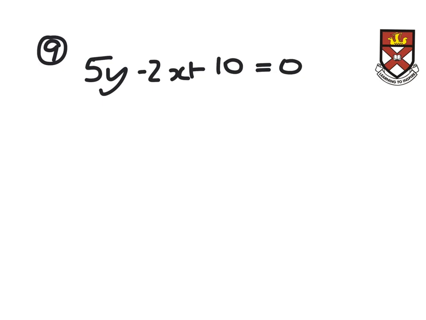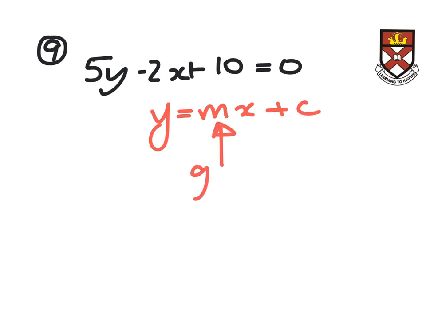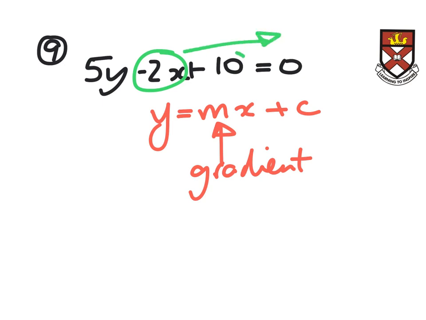So we need to get this line into the form y equals mx plus c, because that m there is indeed your gradient. So how are we going to do that? First thing we're going to do is we're going to move the 2x over, then we're going to move the plus 10 over, so that's going to give us 5y equals something.